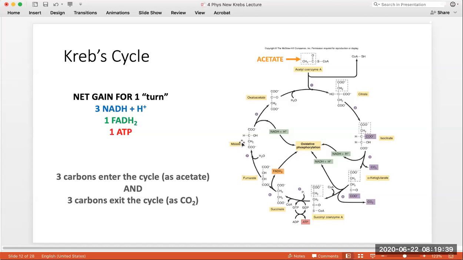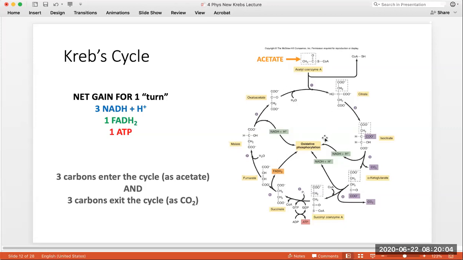And then in the very last step, you go from malate to oxaloacetate. So malate gets oxidized to oxaloacetate. You pull a pair of electrons off of this, transfer them to NAD plus to reduce it to NADH plus H plus. Now you have regenerated oxaloacetate, and now the reactions can continue, and you can add 1 more acetate into the cycle, and these reactions can continue.